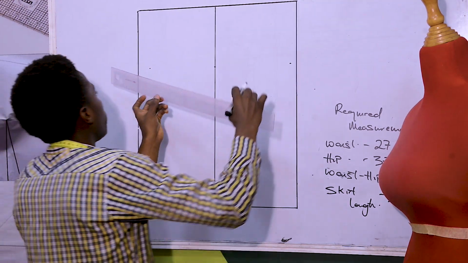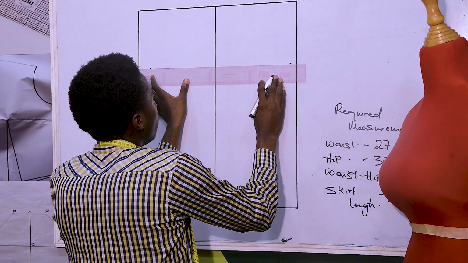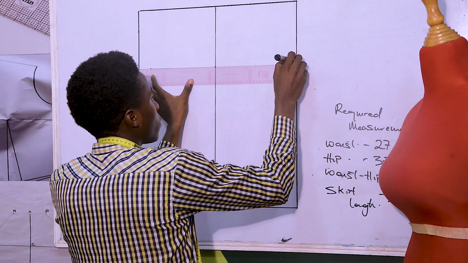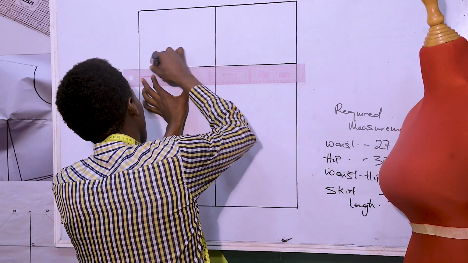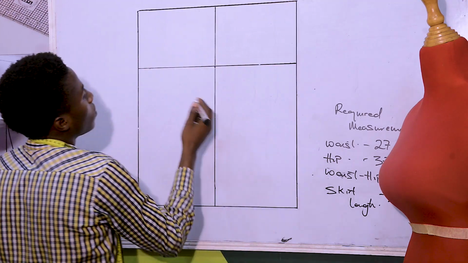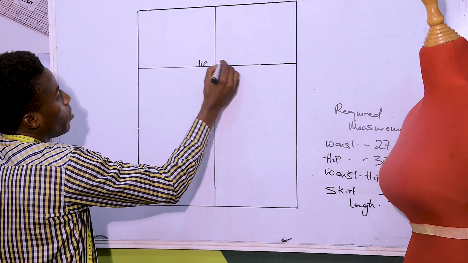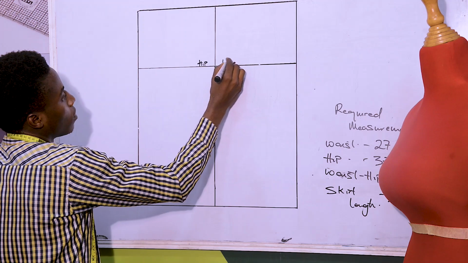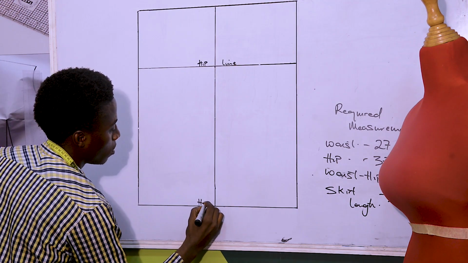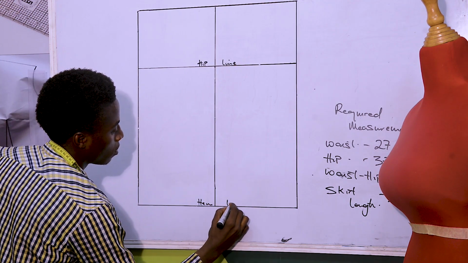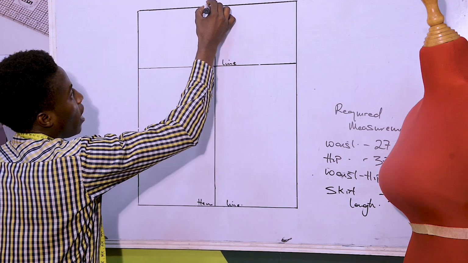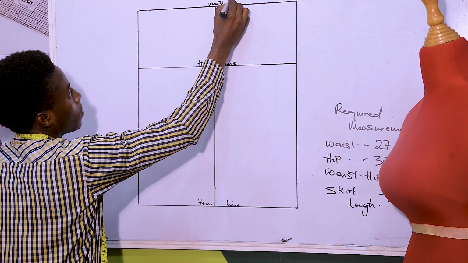Then I connect them together, so I'm sure of having a straight line. So now I have my hip line, hem line, and my waistline.